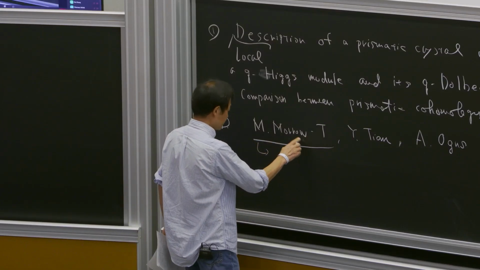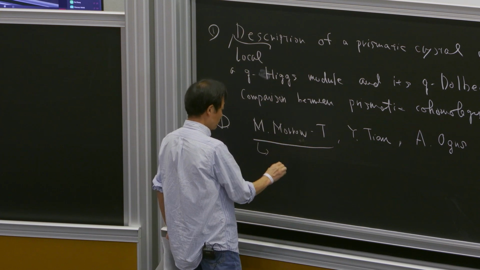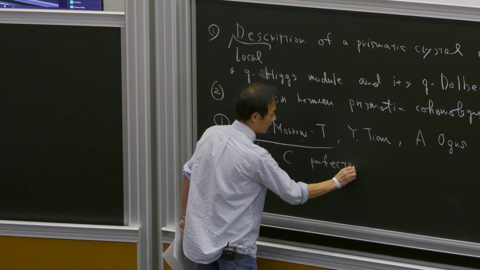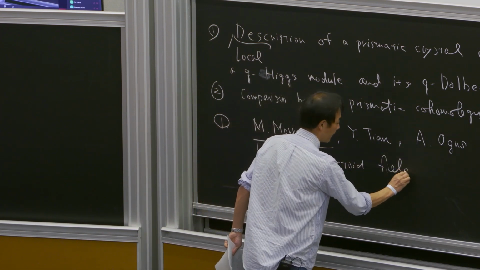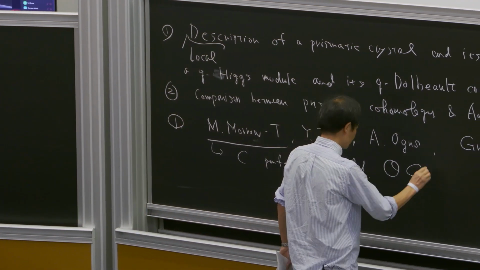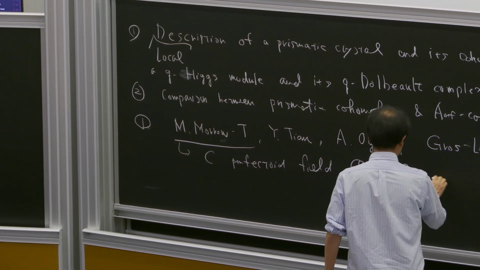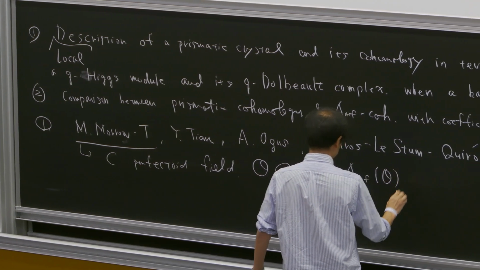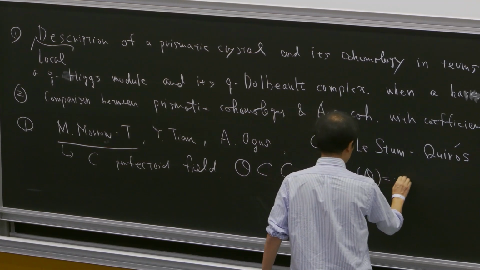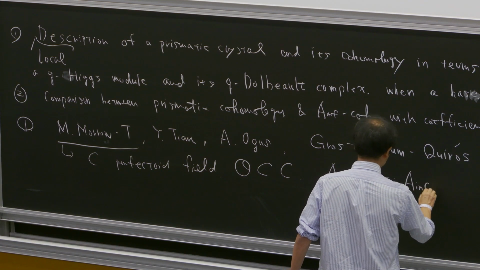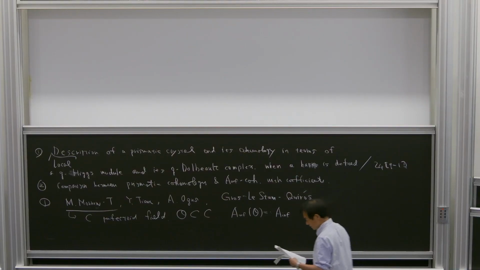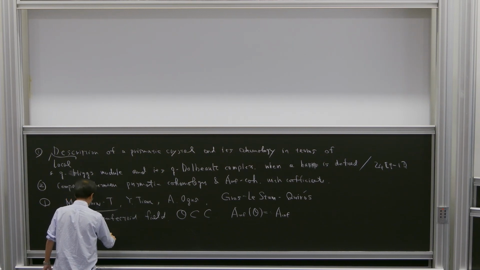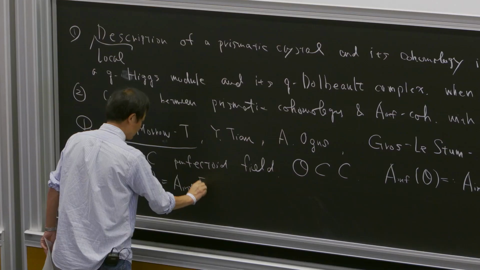So in these settings, in this joint work, we start with a perfectoid field, and O is the ring of integers of this one, and we consider the A inf of O, which I simply write A inf in this lecture.